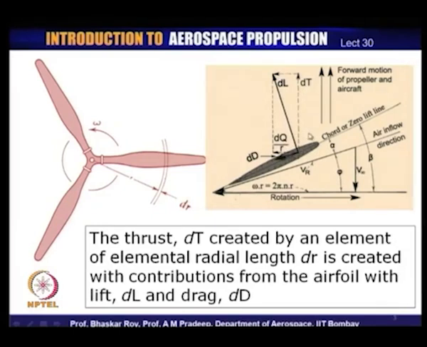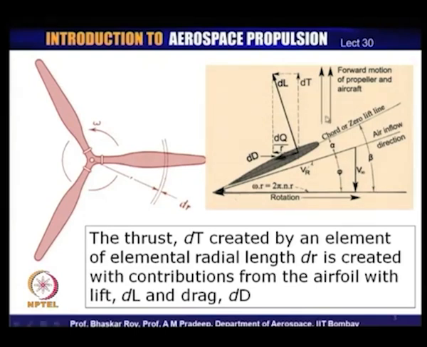On the other hand, if you take perpendicular to the thrust in the peripheral direction, the two components of the lift and drag are actually additive, and they together create a force. Now, this force is what needs to be countered or matched by the torque that is supplied by the engine.